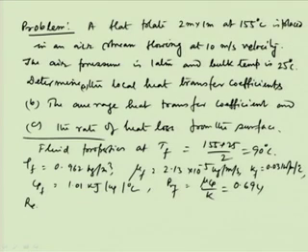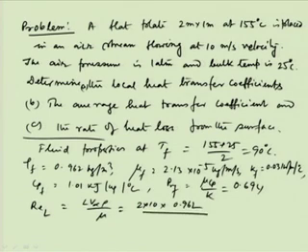Then Re, based on the total length, that is the maximum Reynolds number, is equal to L V infinity rho by mu, which is 2 meter into 10 meter per second into 0.962 divided by 2.131 into 10 to the power minus 5, and this is equal to 9.03 into 10 to the power 5.